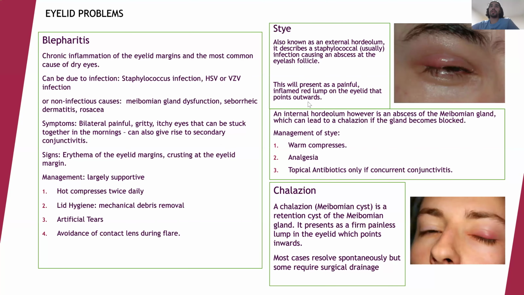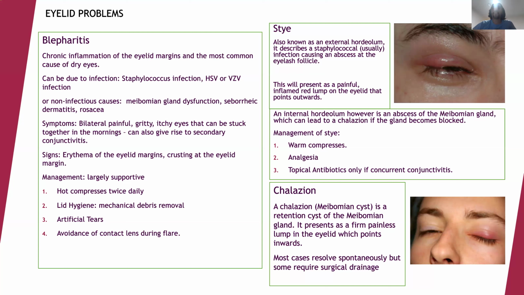Okay, so other eyelid problems, and this can get quite confusing, I find, because they all overlap. You get blepharitis, which is chronic inflammation of the eyelid margins, and it's the most common cause of dry eyes. It can be due to infection, but most likely you'll see it in non-infectious causes, especially seborrheic dermatitis, which usually comes up in questions, and rosacea.